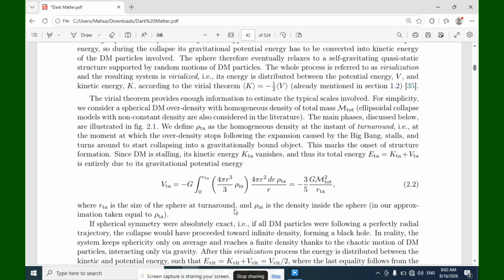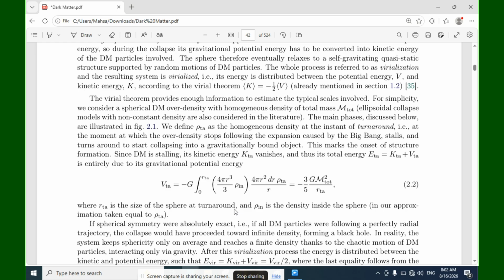The virial theorem provides enough information to estimate the typical scales involved. For simplicity, we consider a spherical dark matter overdensity with homogeneous density and total mass M total. Ellipsoidal collapse models with non-constant density are also considered in the literature. The main phases discussed below are illustrated in Figure 2.1.